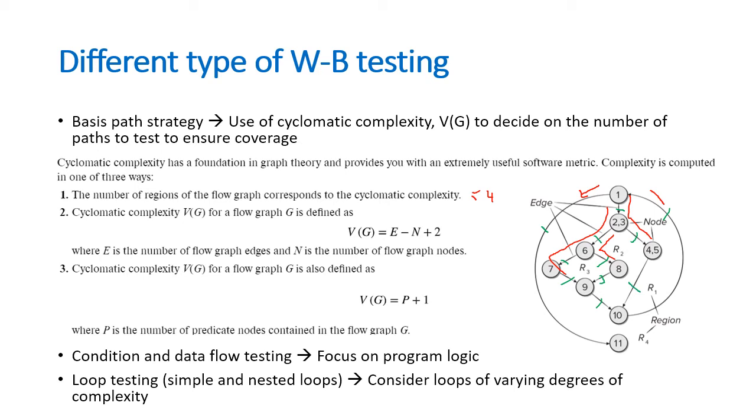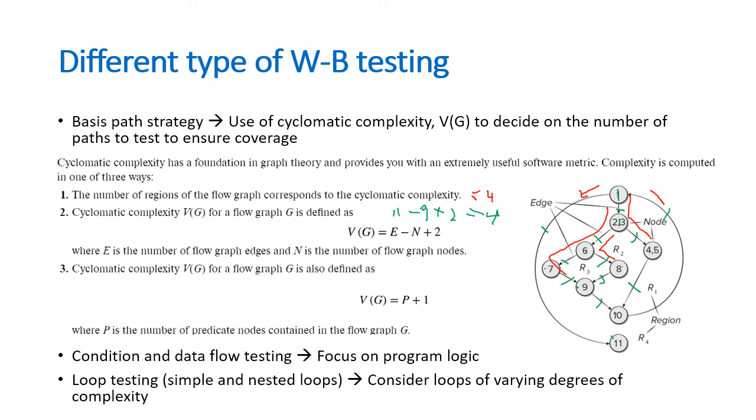So we have 11 edges with 9 nodes, 1, 2, 3, 4, 5, 6, 7, 8, 9, so 11 minus 9 plus 2, and we will get the same VG, which is 4. So this is a better way of computing the cyclomatic complexity, because it is more obvious. But again, to find the edges can also be quite tricky.